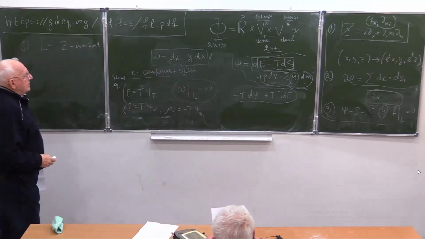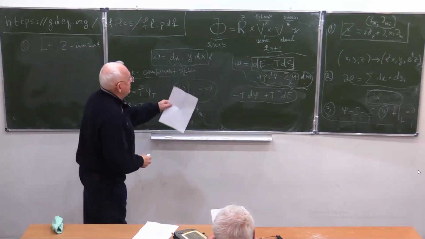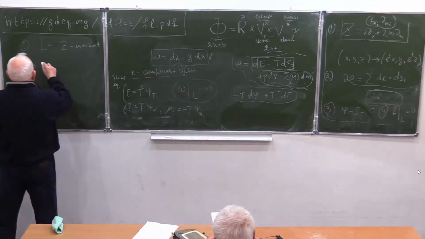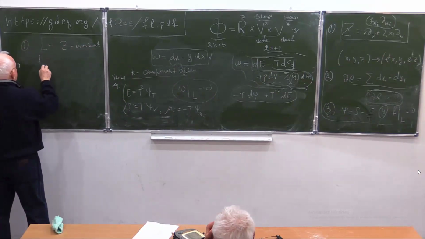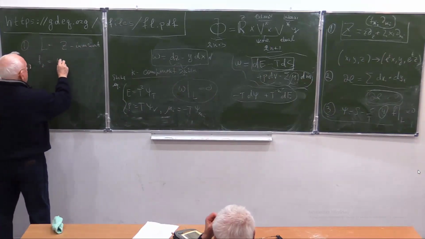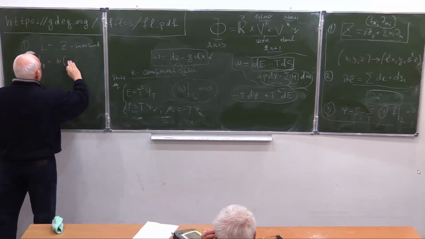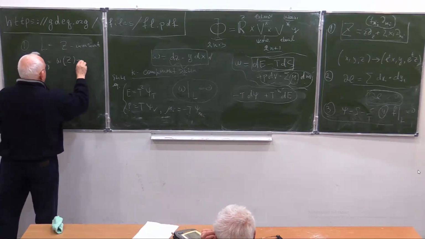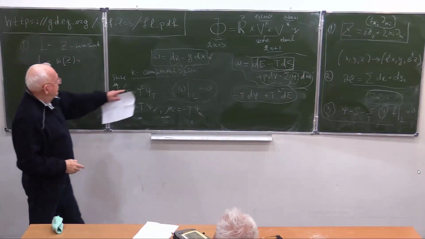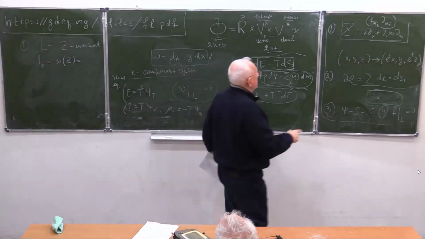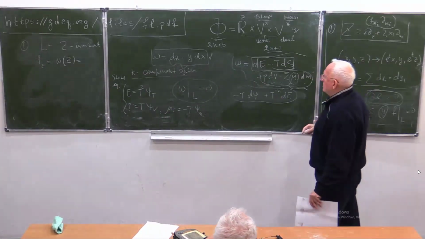So what does it mean? The generating function of our Z is omega on the vector field. If you take this form and put Z inside, you will get this expression.